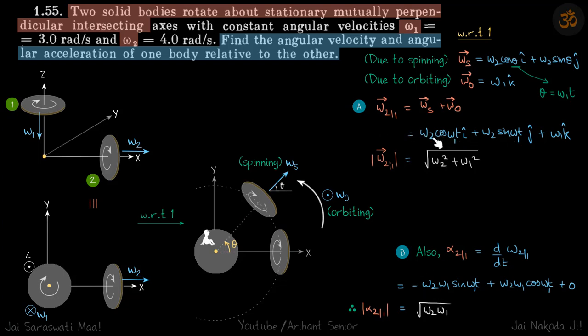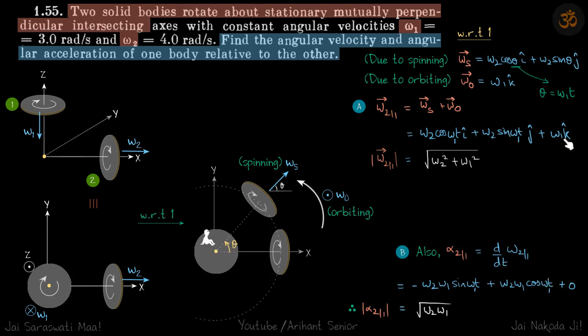And when we differentiate, I have skipped the differentiating step here because I was lacking space, but you can imagine if you differentiate this expression with respect to time, it will be omega 2 omega 1 into minus sine omega 1 t i cap plus omega 2 omega 1 cos of omega 1 t j cap.